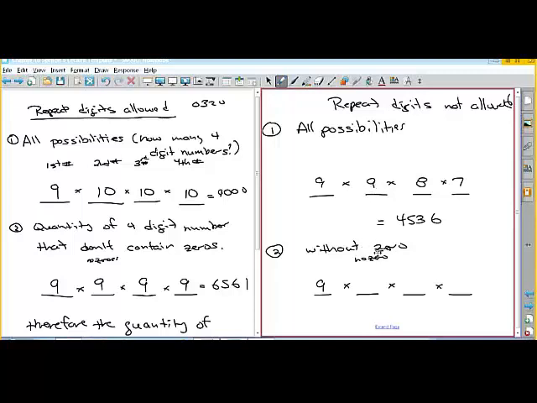So what does this 9 become? 8, because we started with 10. We can't use 0, so that's 9. And we can't use what we used in the first one. So this becomes 8. This becomes 7. This becomes 6. So Kelly's going to do that for me.